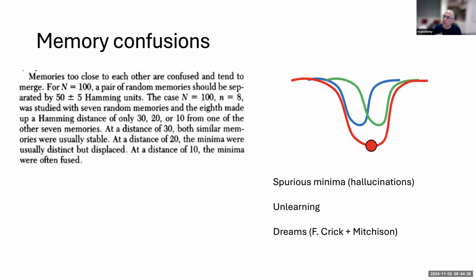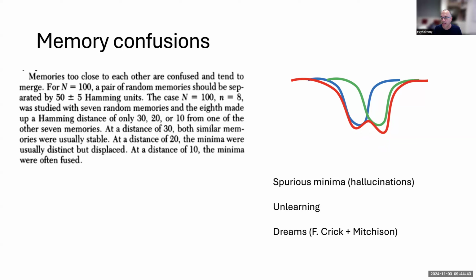There's been a lot of work in trying to think how to increase the memory. One of them is by doing unlearning, by not just learning these points, but also de-learning these wrong minima. That has really exploded in many ways.